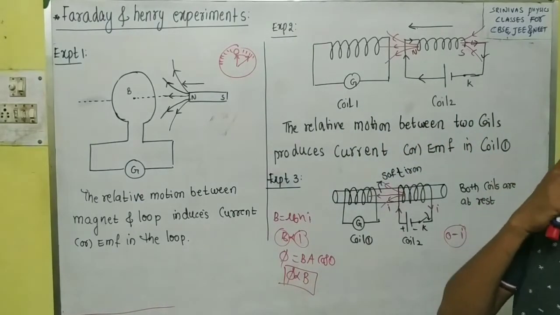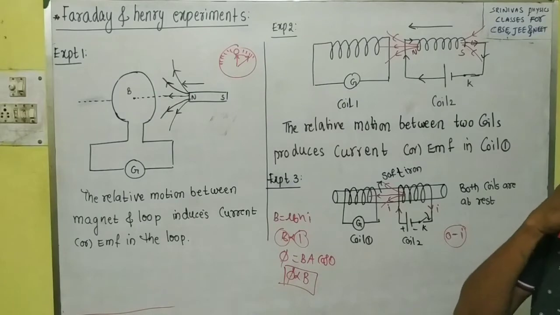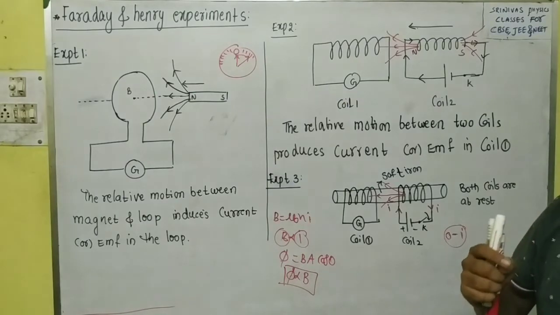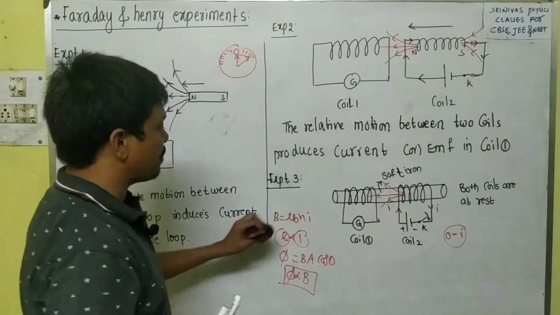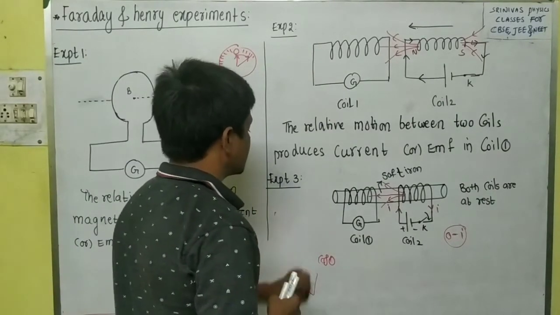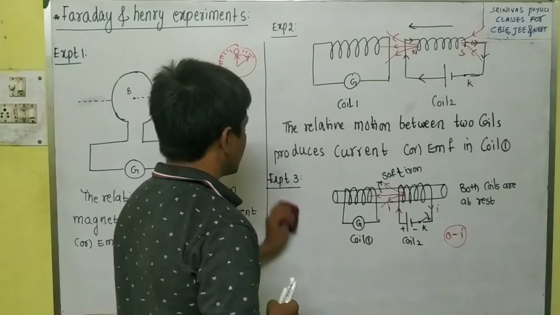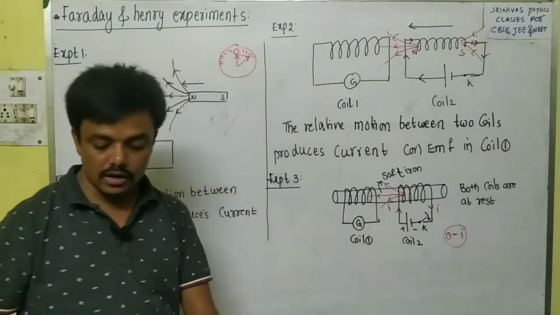This is experiment 3. In this experiment 3, when they close and open the plug key, at that instant, the EMF or current is induced in the coil.